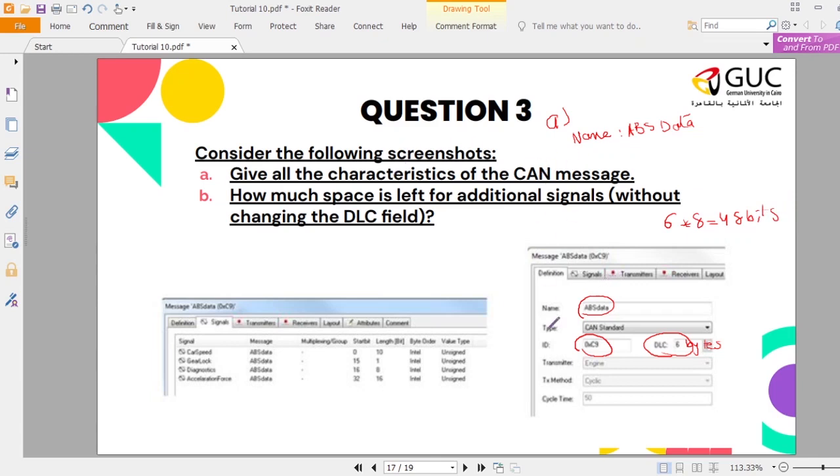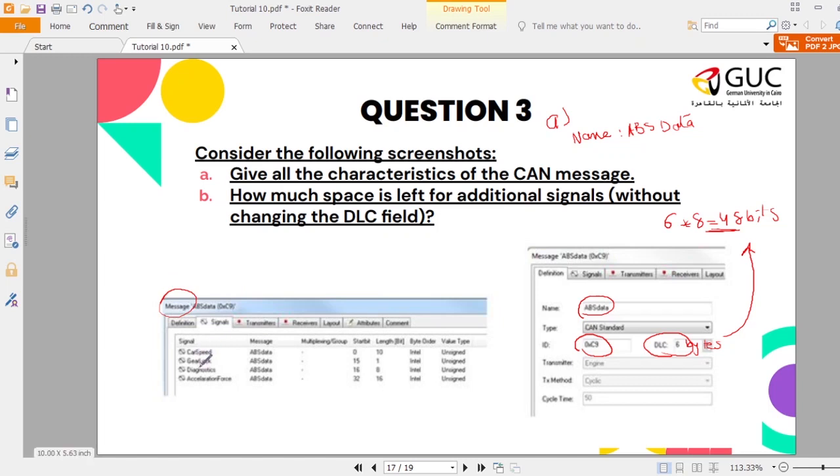Okay, so number A, the characteristics of the CAN message. It has a name of ABS data, the ID is 0xC9, and the data length code is 6 bytes. Converting it into bits, we have 48 bits worth of space to save data in. Okay, inside the message itself, it has 4 signals.